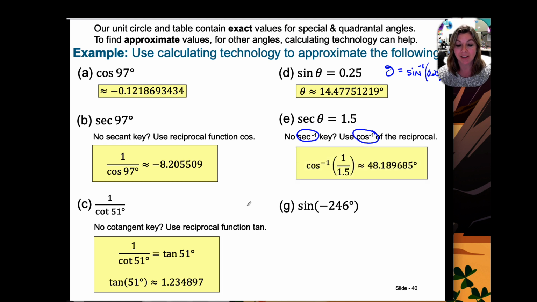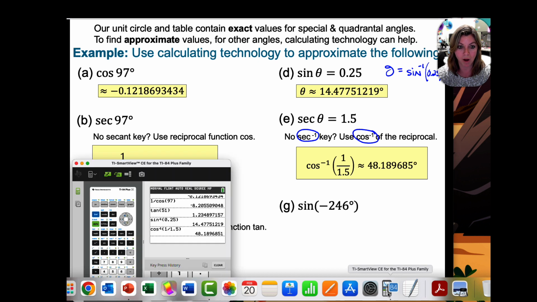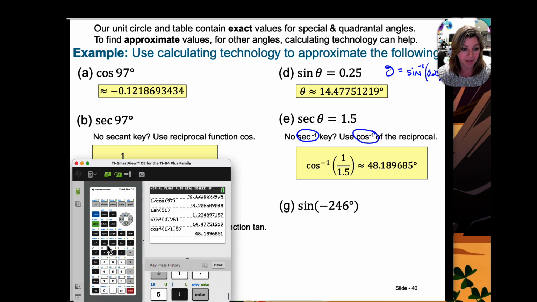All right, last one is asking us to find sine of negative 246 degrees. Seems pretty straightforward, but I want to show you one common error: hitting sine and then, instead of using the negative below the 3, using the subtraction function. Make sure you use the negative below the 3, then your 246 degrees, close it, run it, and you should get approximately 0.91.